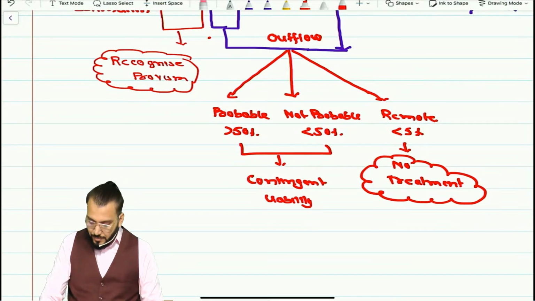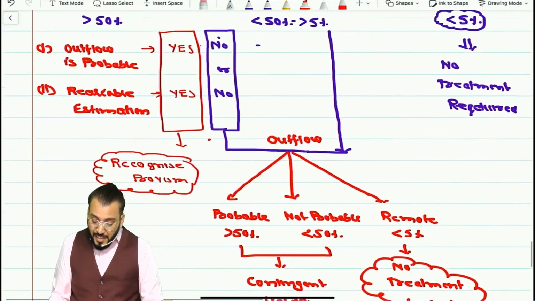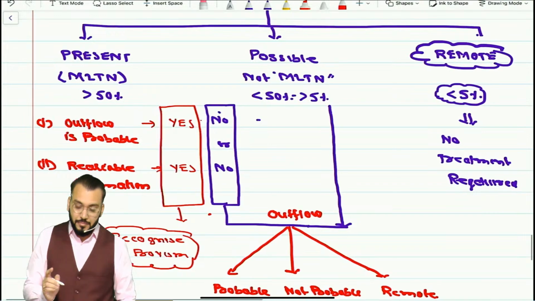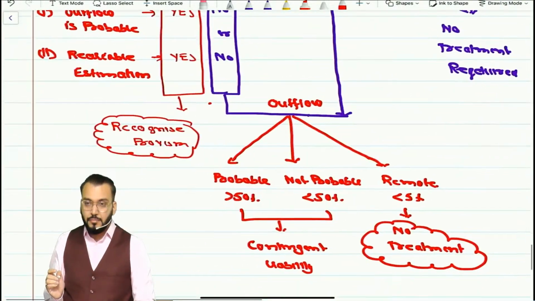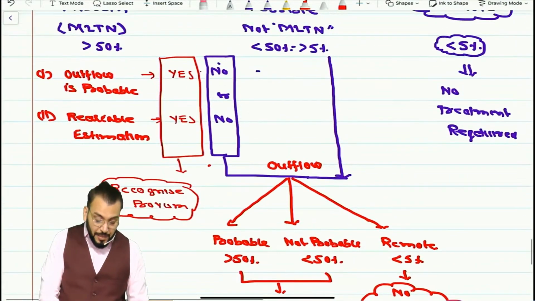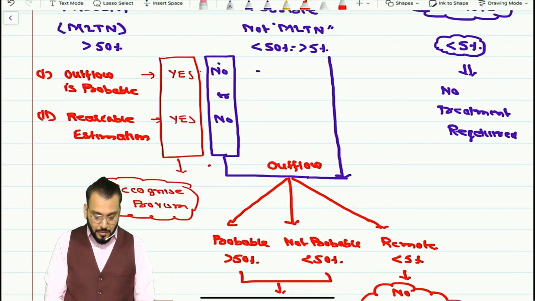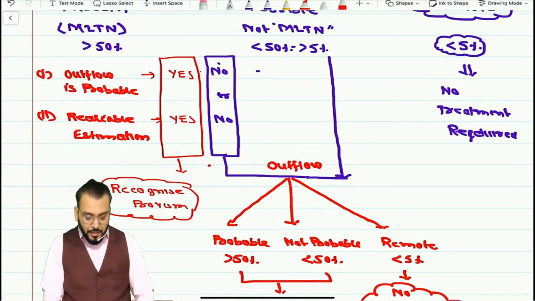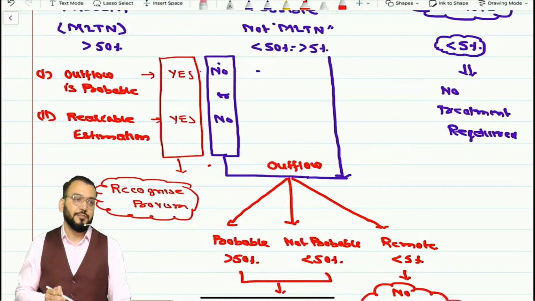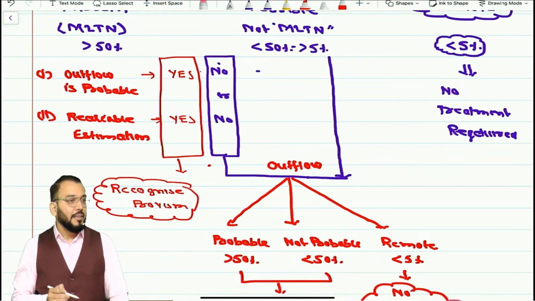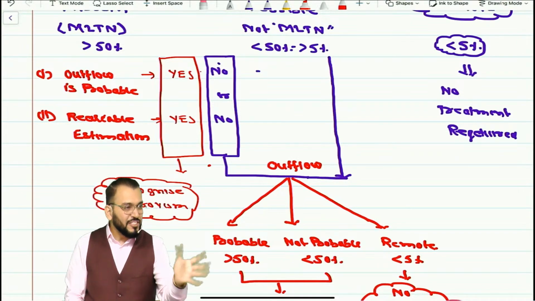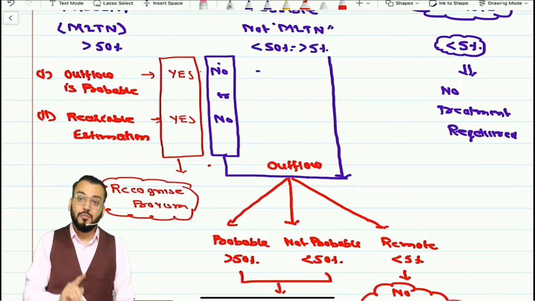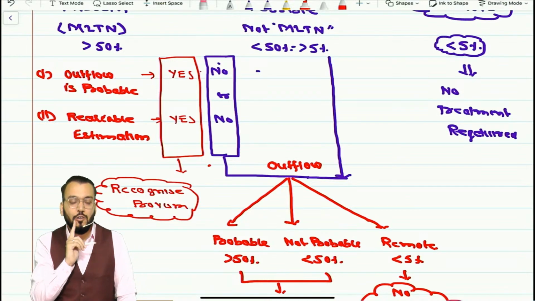Can I say in this way? Any present obligation where outflow is either probable or not probable, I am not saying about outflow right now. Any present obligation which cannot be estimated, what do you do?